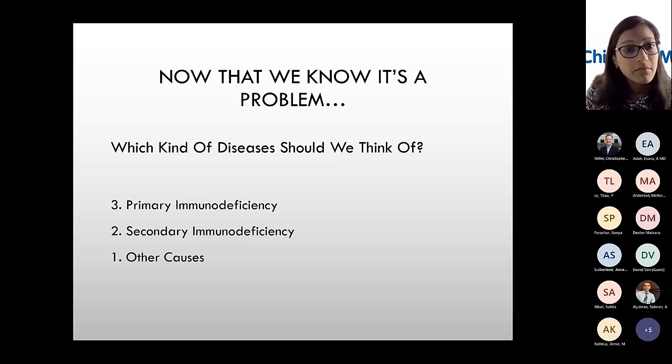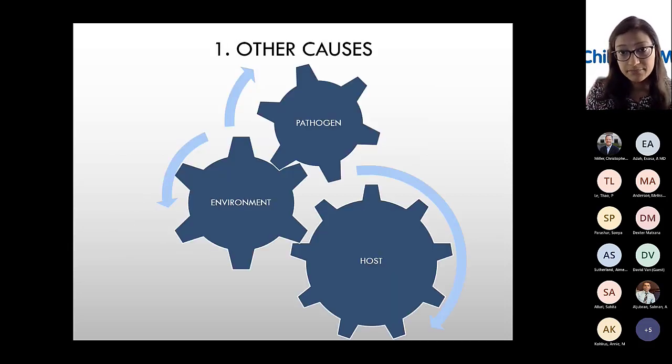The reason why I numbered them this way is because those causes are way more frequent. Immunodeficiencies are rare disorders, but as a group, they are common. So we have to keep them in mind, but common things are still more common. We have to think of other causes of infections and secondary causes that can affect the immune system.